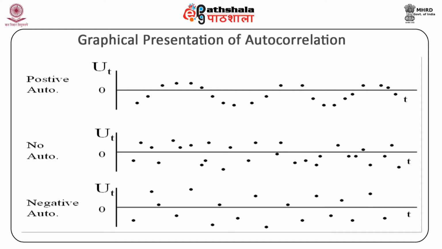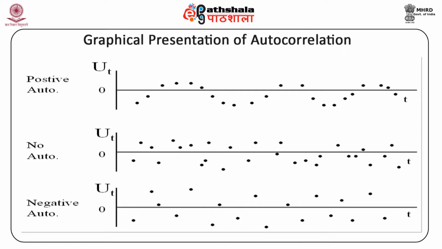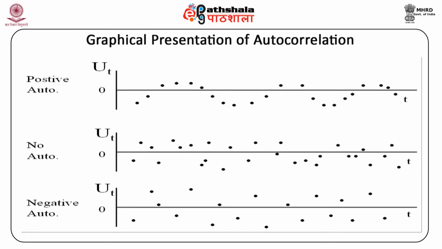Moving on to the second panel, it shows the absence of autocorrelation because the distribution of the residuals across observations is absolutely random and does not follow any pattern. And the last panel shows the presence of negative autocorrelation because a positive residual is followed by a negative residual and a negative residual is followed by a positive residual.